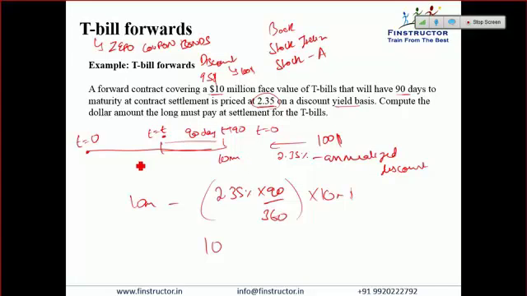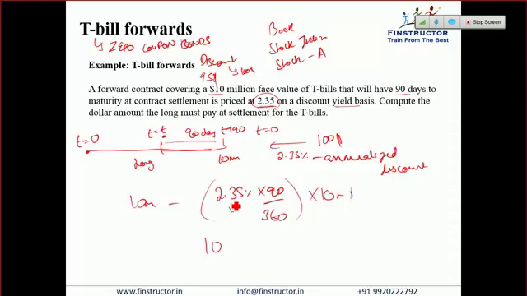So whoever is longing the contract at t equal to T, will he pay $10 million or slightly less? He'll pay slightly less because at maturity, which is 90 days from then, he will get $10 million. So at t equal to T, that is the expiration, the bond is being priced on a discount basis of 2.35%.